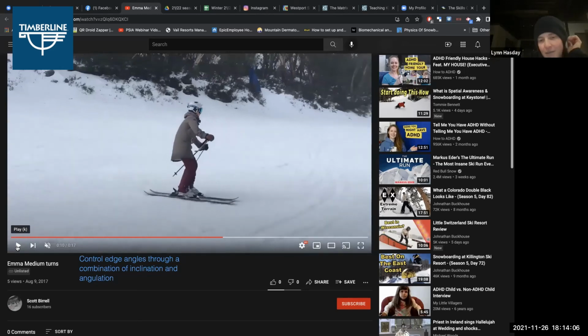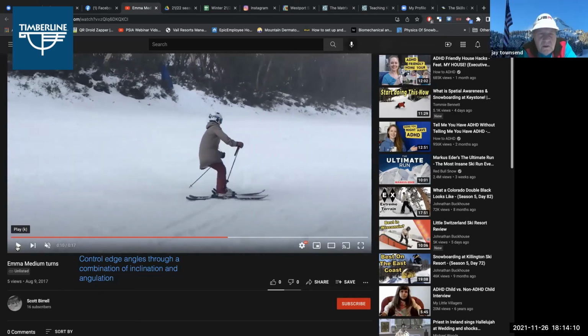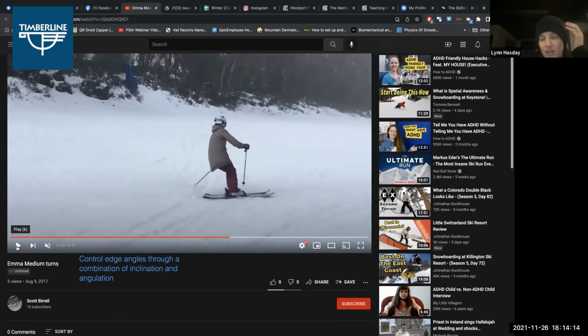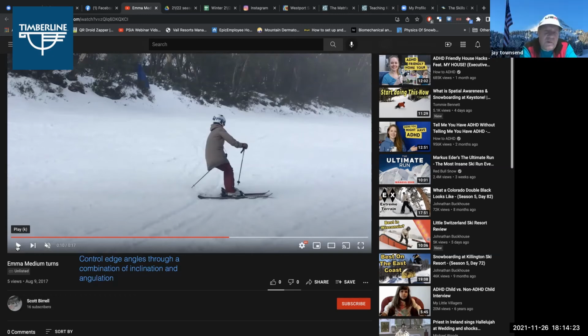All right, so it looks like it's the finish of the turn, right? So ideally, what would you like the edge angles to be at the finish of a turn? If someone's skiing parallel, as you finish your turn, more flat, I guess would be the way to frame that up.